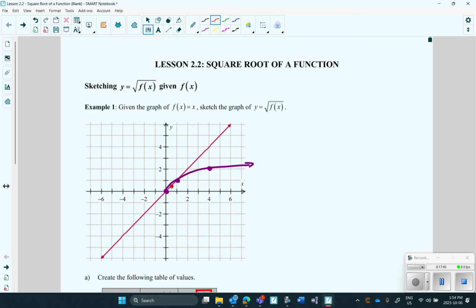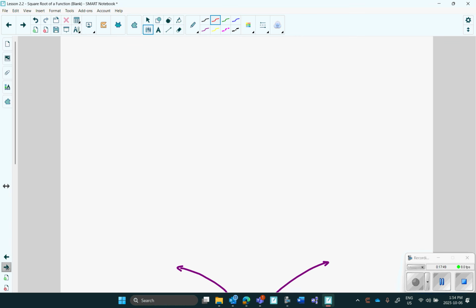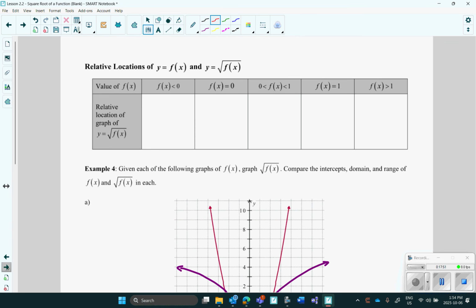Okay, so to summarize, I know I'm jumping around a little bit on this lesson. Here's the summary. If you're given an original function, whether it's a line, a parabola, absolute value that we did, okay?